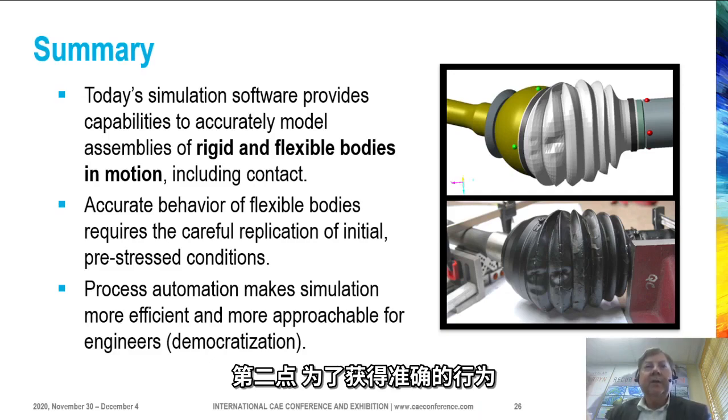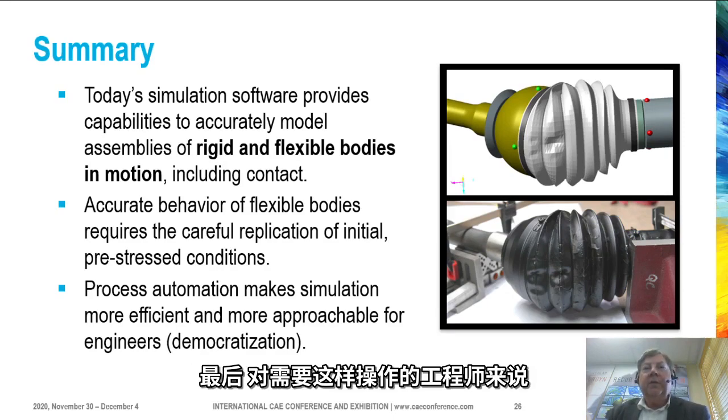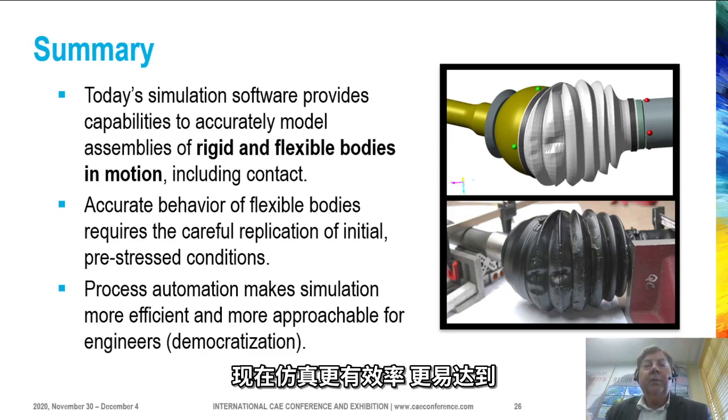Second point is that to get accurate behavior, we need to be able to replicate the assembly process so that our flexible body is in its proper pre-stressed condition. And finally, by using process automation, the simulation is now much more efficient, more approachable.